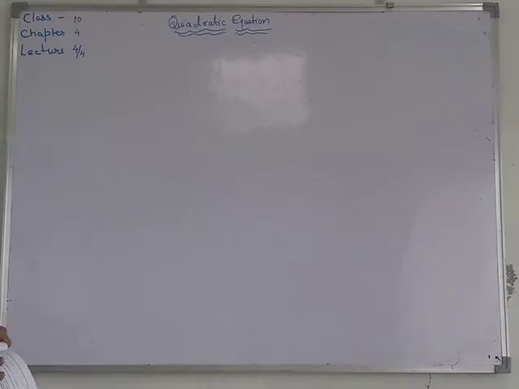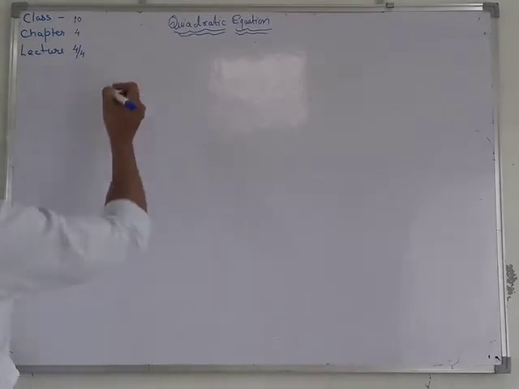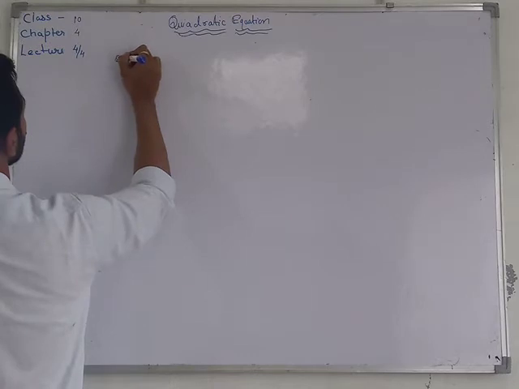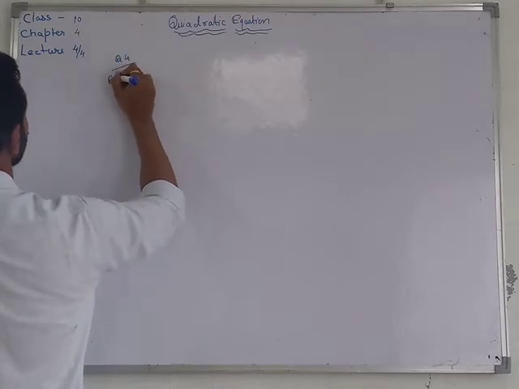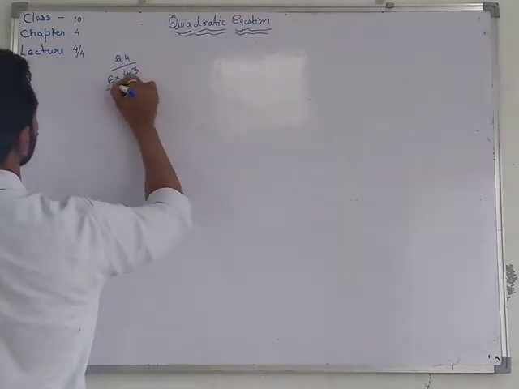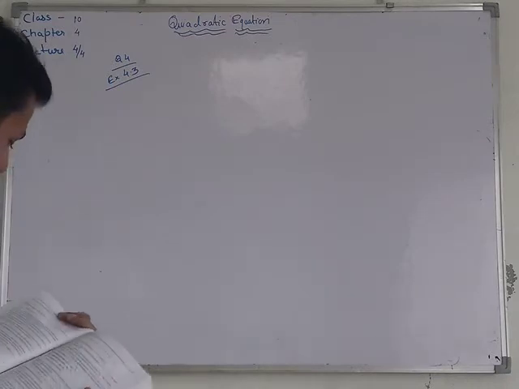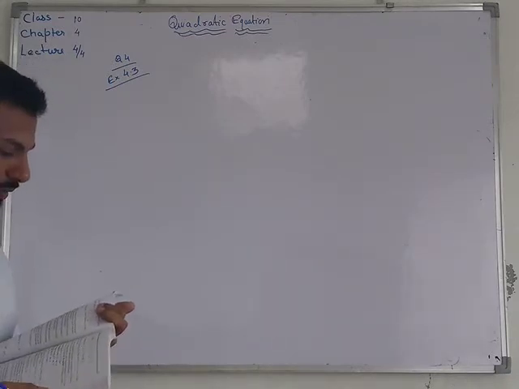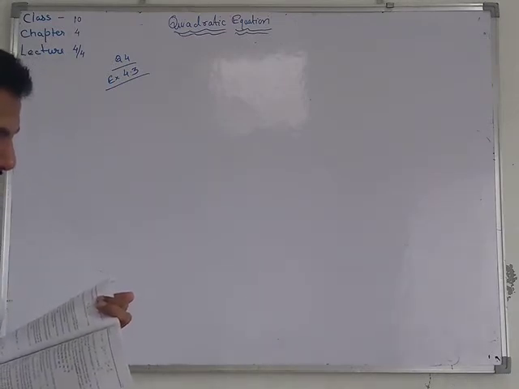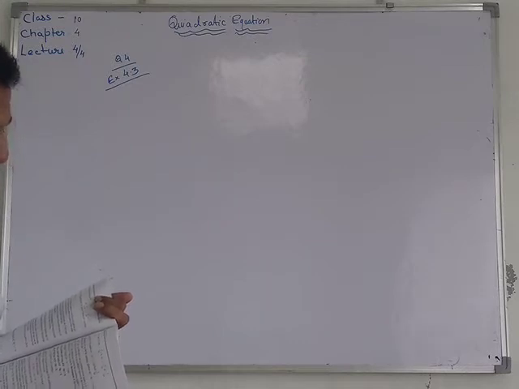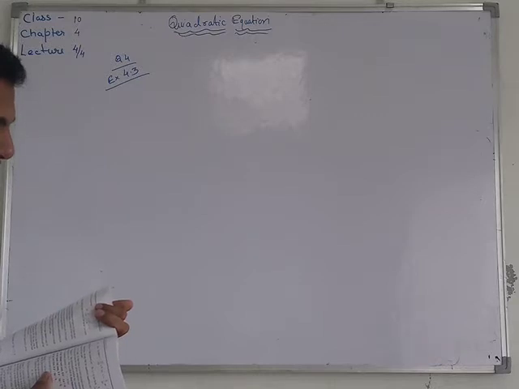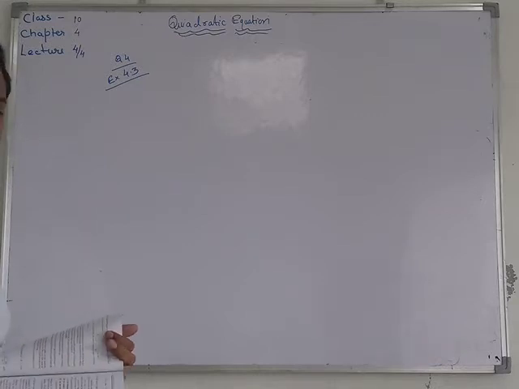Now solving the word problem, question number 4 of exercise 4.3. The sum of the reciprocals of Rahman's age 3 years ago and 5 years from now is 1 by 3. Find his present age.